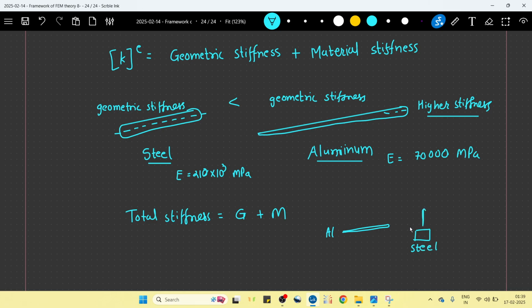So we can say that in this case the needle is stiffer. I'm just trying to give some examples, and you can imagine many other examples. What I'm saying is that the total stiffness of the structure is geometric stiffness plus material stiffness.